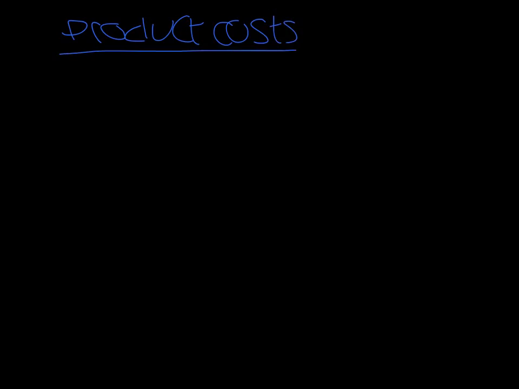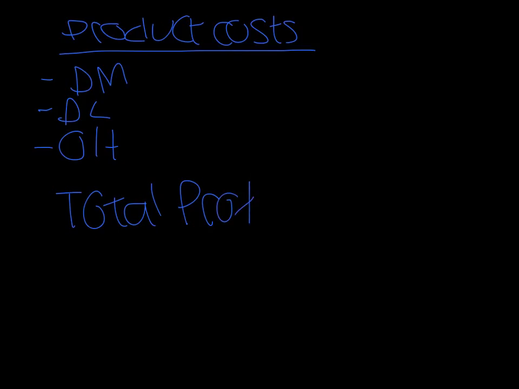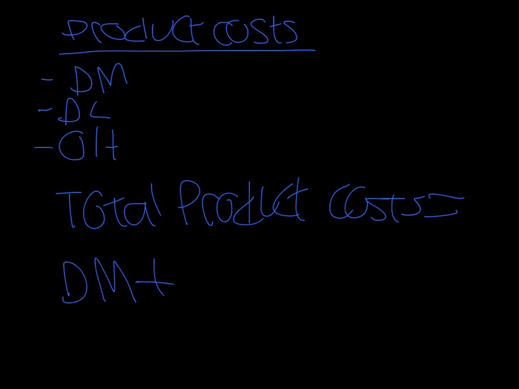Additionally, there are product costs. Product costs are direct materials, direct labor, and overhead. A useful equation for product costs is total product cost is equal to direct materials plus direct labor plus manufacturing overhead.